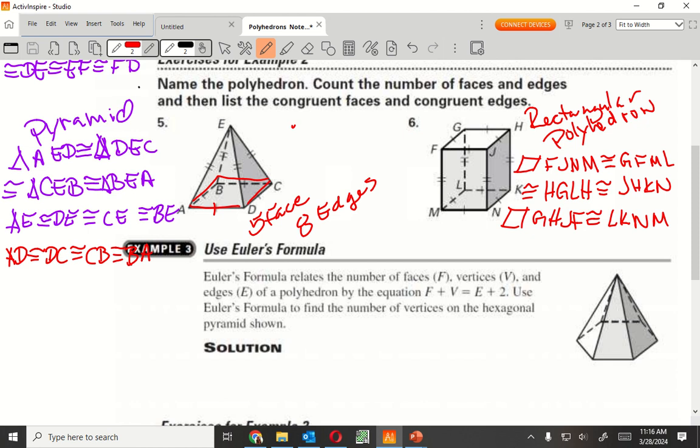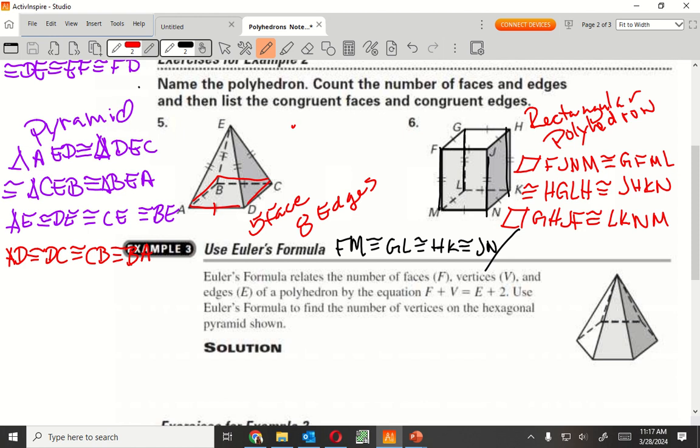Let's look at all the double segments. So that would be here, here, here, and here. So FM, GL, HK, and JN. So those are all the double tick marks there.